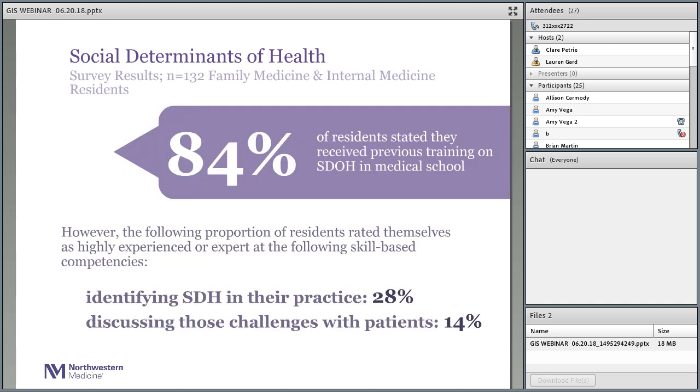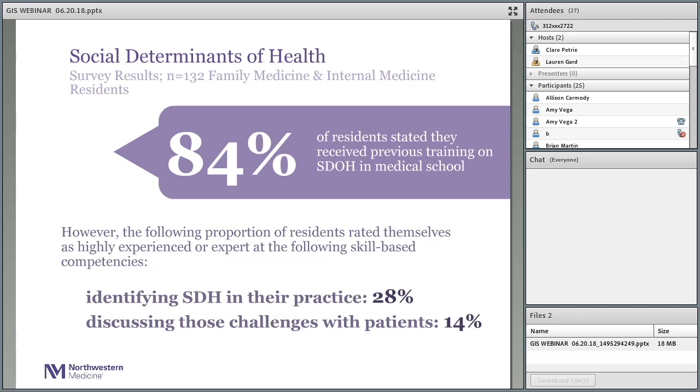So when the collaborative first got together, we started by conducting a survey of family medicine and internal medicine residents at Northwestern. Northwestern actually has 2 family medicine residency programs, soon to be 3. One is located downtown, one is located in the suburbs of Chicago.